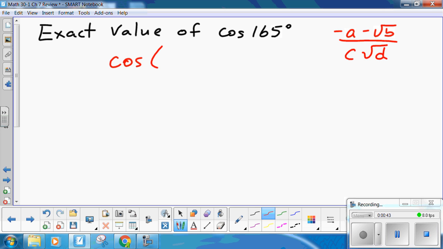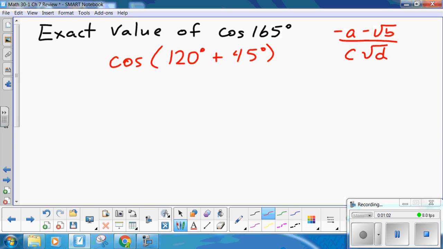They might ask you for a decimal approximation to two decimal places. I'm asking for exact value. So, how do you solve for this? Well, think about it for a moment. 165 degrees, if you think about this, 120 degrees plus 45 degrees, it's a lot easier.